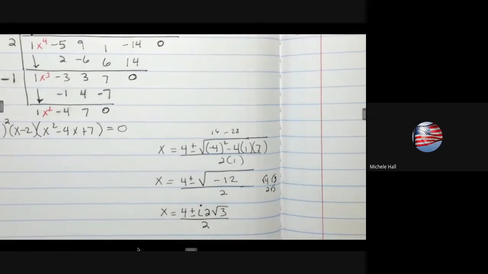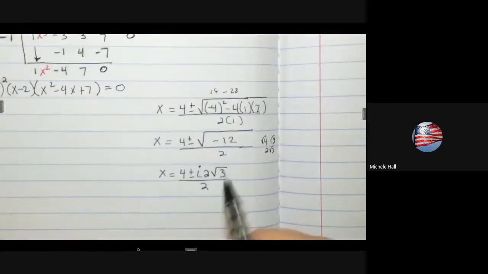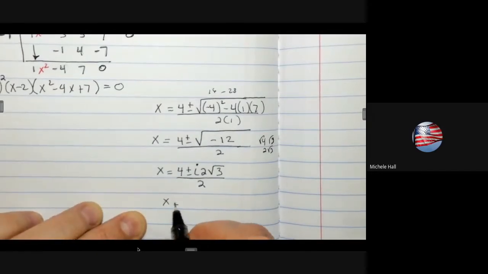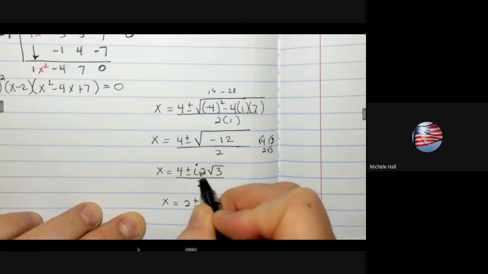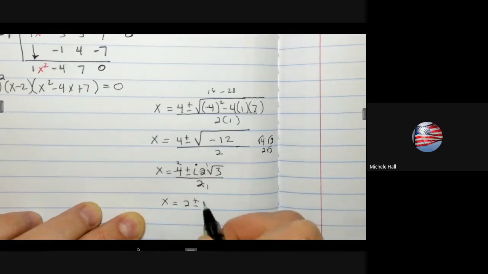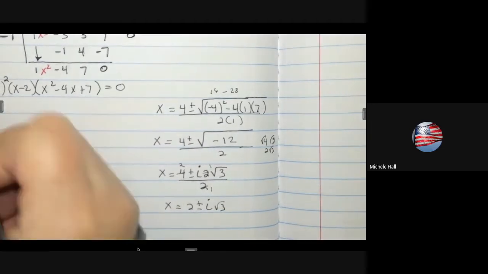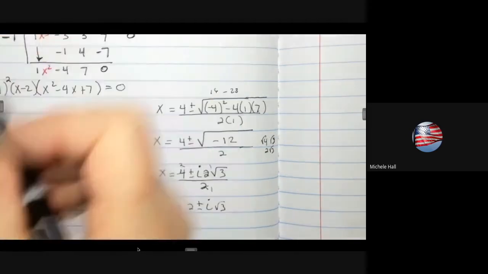And now we see all 3 terms have a 2 in common. We're going to divide by 2 on all 3 of these terms. Finally, we get x equals 2 plus or minus, so dividing by 2, we have i square roots of 3 over 1. Okay, our final answer then, what says find all the zeros.